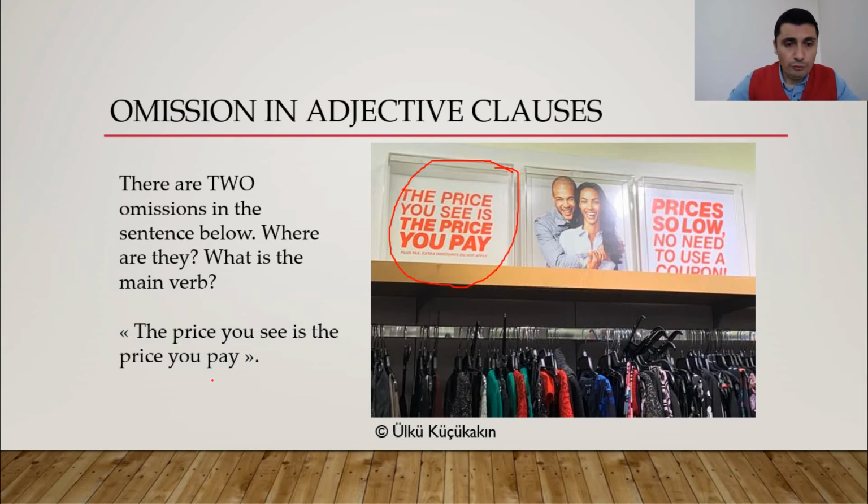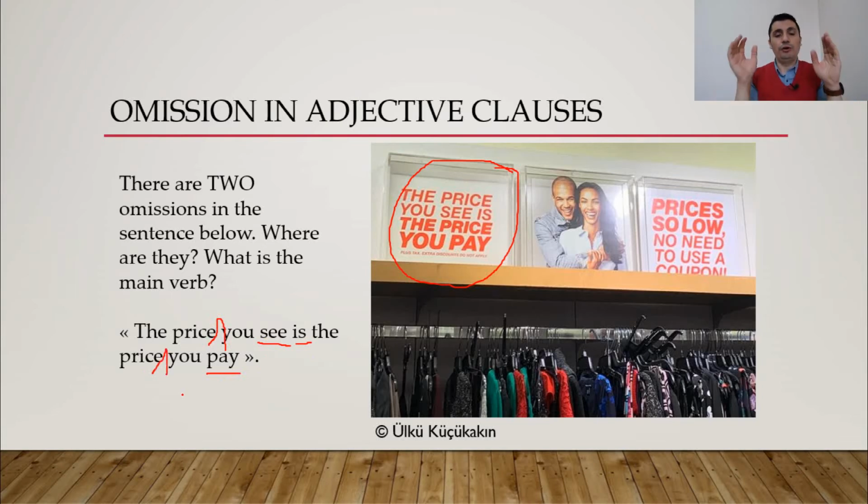Right. So if you look at this sentence, it has got 1, 2, 3 verbs. Now this is too many for one sentence. So what do you understand from here? You understand that there are adjective clauses in this sentence. So: the price you see is the price you pay. So here there are two omissions. The price that you see is the price that you pay.